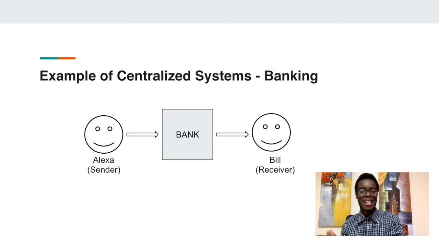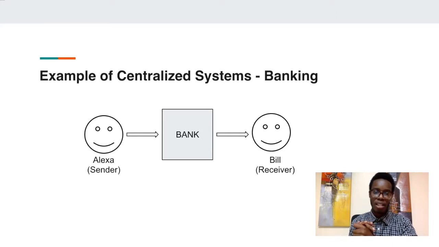The bank in such a transaction is the third party, and it's also the central authority that stores all transactional records. It's the one that keeps account numbers, account balances, and records of transactions between Alexa and Bill or any other people. So the bank here owns the central database and is the central authority. That's the perfect example of a centralized system operating with a centralized database.